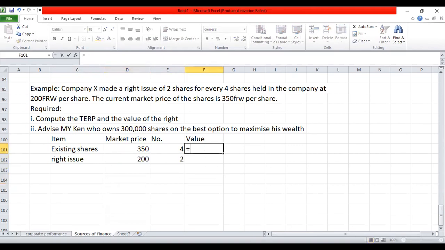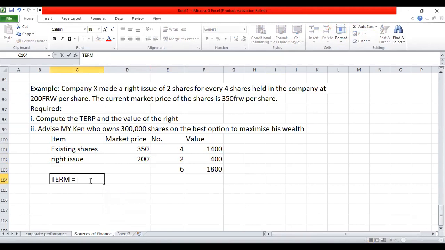So what is the value here? I get the number of shares, the market price times the number of shares. So the number of shares is here. So as we said, our TAP is equal to the value of the shares in the issue.